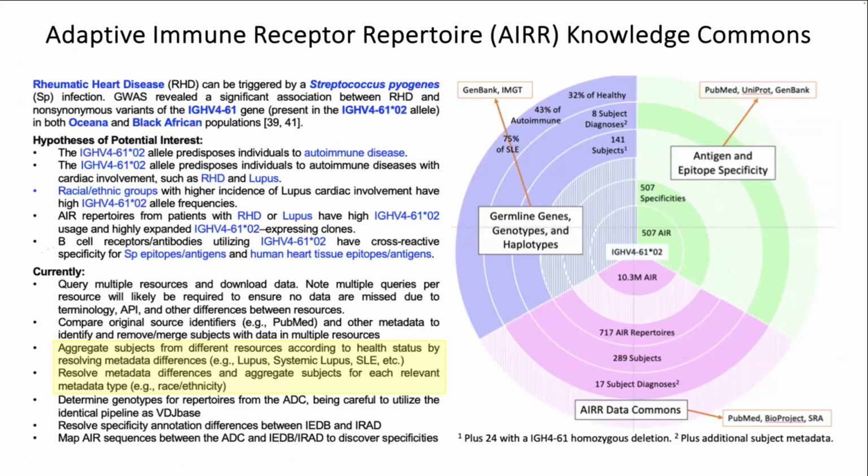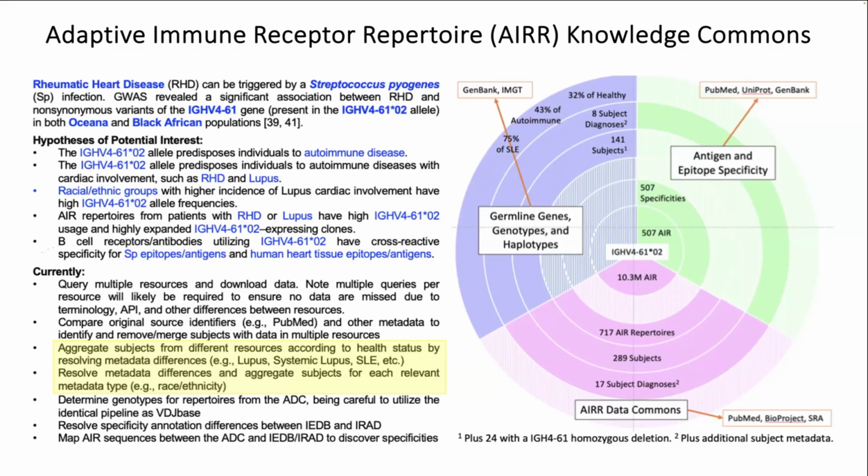Okay. But the issue is, there are all these resources, and if you want to pull the data together and answer a complicated question, here's a use case. I'm not going to go through the details of it, but mention different pieces of it.